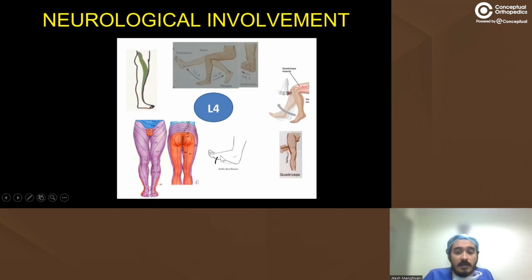You check for the ankle dorsiflexion. In chronic cases, there may be quadriceps wasting also associated. And also, in some cases, the knee reflex may be altered. So, these are the main things that you see wherein there is an involvement of the L4.